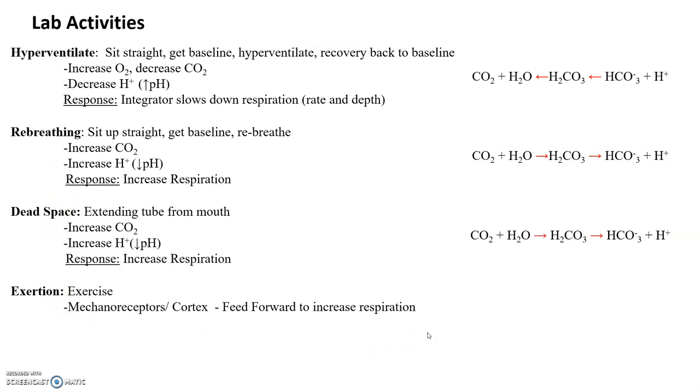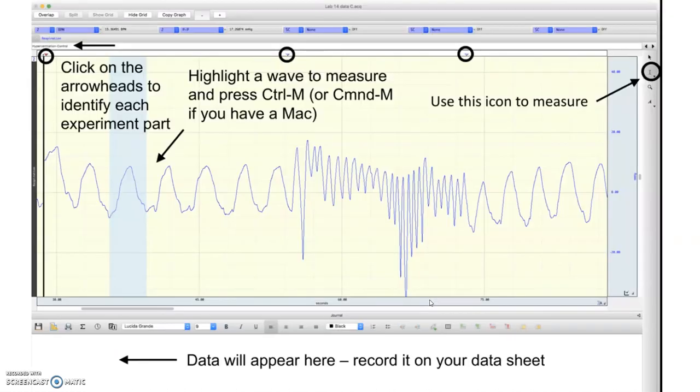If you recall from way back in the beginning of the semester, we talked about feed-forward and how that will affect certain stimuli. And in this case, we expect it to increase respiration. And there are no changes in gas levels that would be occurring in the arteries in this case.